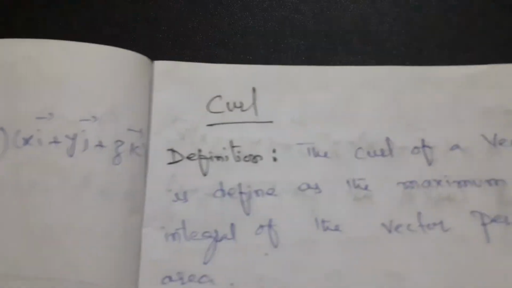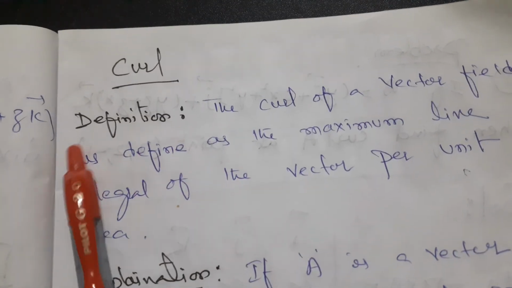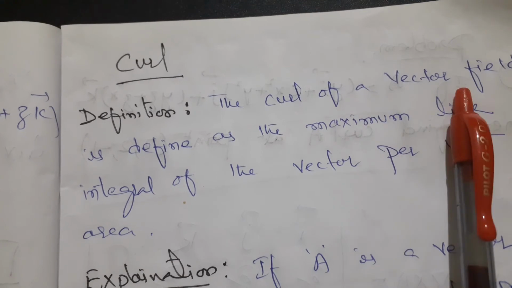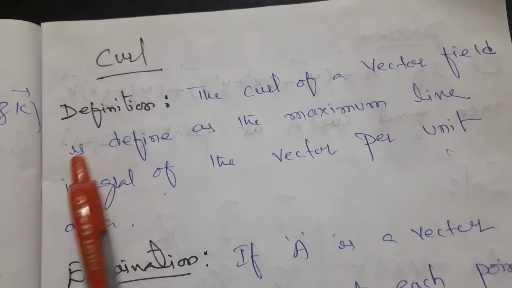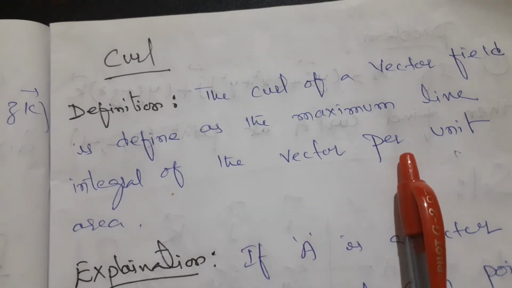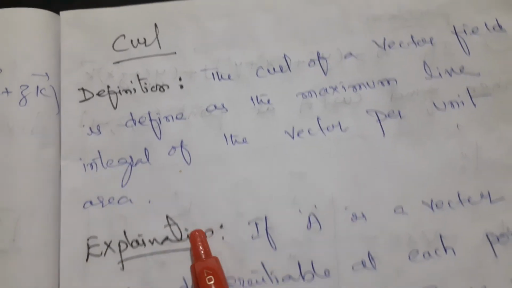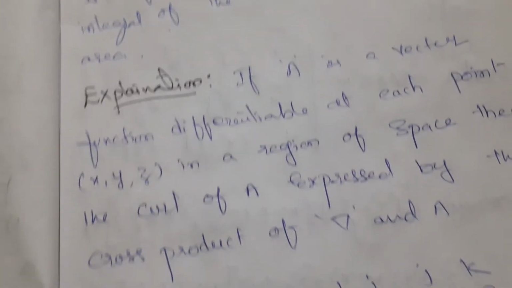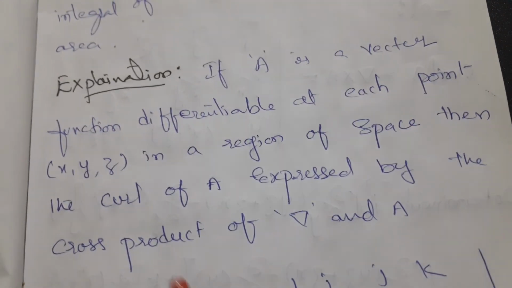Now, what is curl? The curl of a vector field is defined as the maximum line integral of the vector per unit area. All of you know this definition. So how to do the problem based upon this?